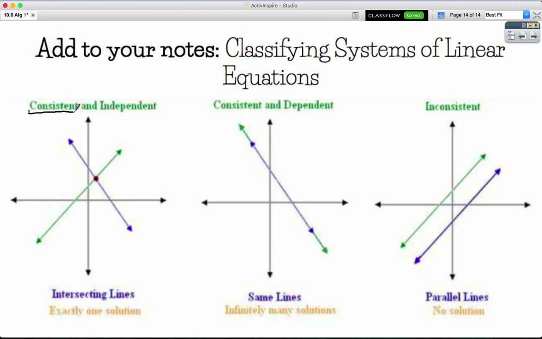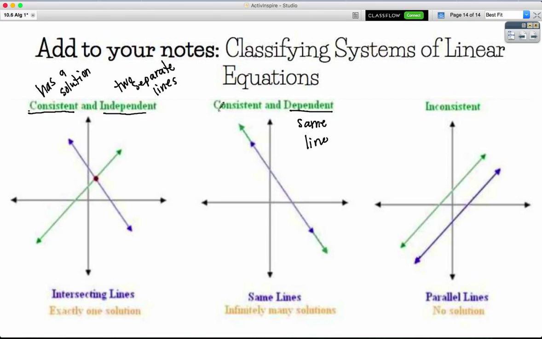Consistent essentially means it has a solution, and independent means it is two separate lines. If our system of equations comes out to be the same line and it has infinite solutions, it is consistent because it has a solution, but it is dependent, which means it's the same line.